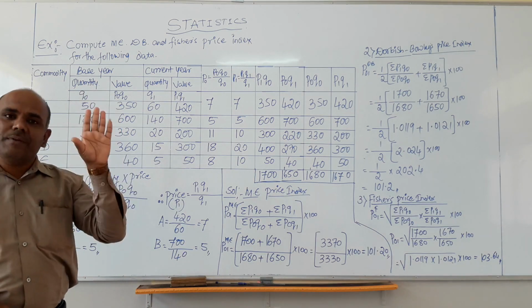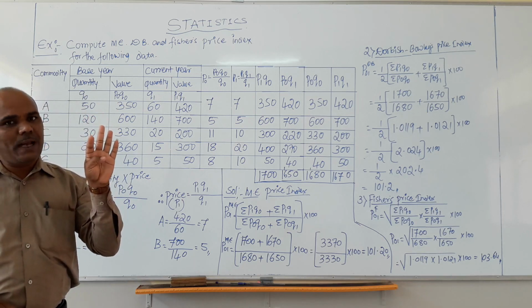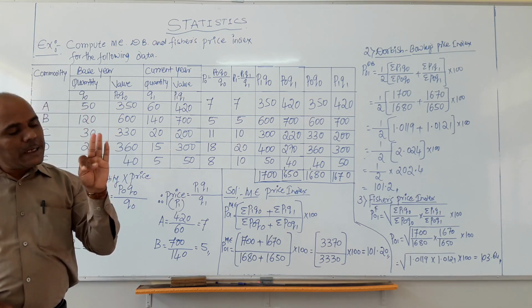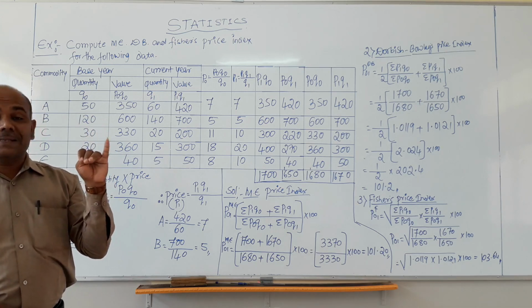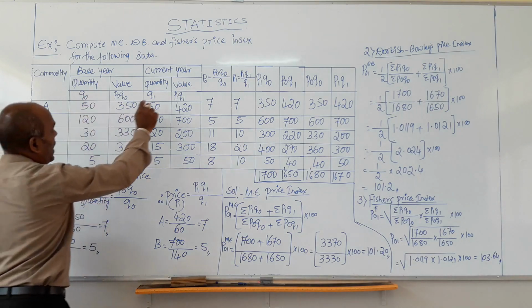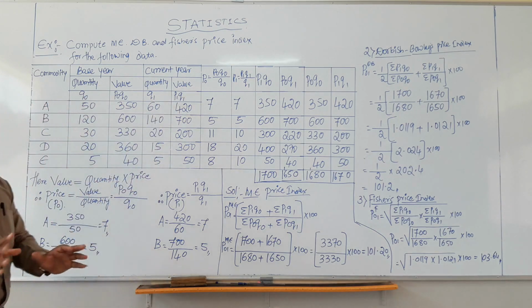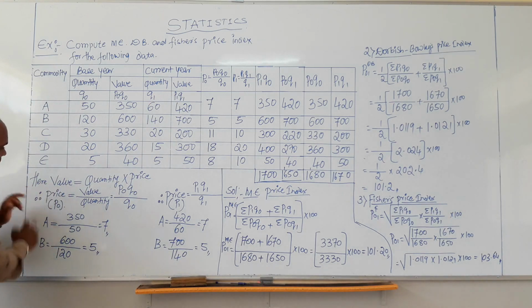Base year quantity we call Q0, base year price P0, current year quantity Q1, and current year price P1. So we know only Q0 and Q1, but they have not given P0 and P1, so we have to calculate them here.